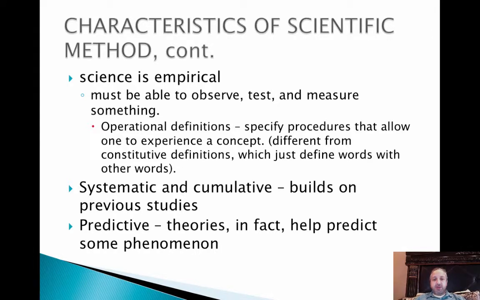So science is empirical. Science is systematic and cumulative. It builds on itself, right? I publish a study, then you read it and you build on it. You publish something else, and then somebody else comes along and reads your study and builds on it. If you want to, do this for fun, go to scholar.google.com.